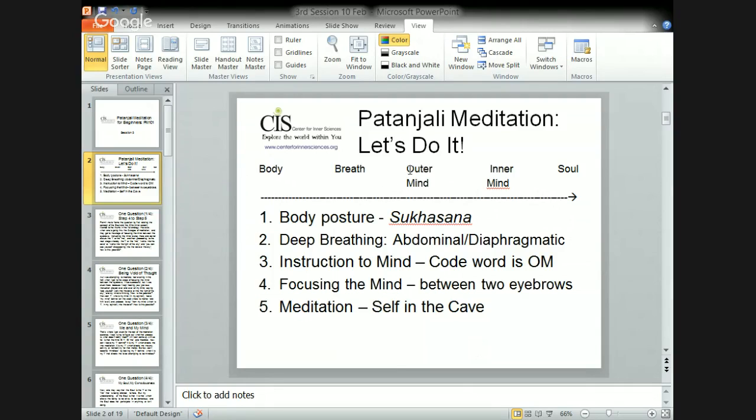Then there is a third domain of the outer mind, the outer part of the mind that connects to the body. And then there is the inner mind, which is where I get all the knowledge and information from my 5 senses.